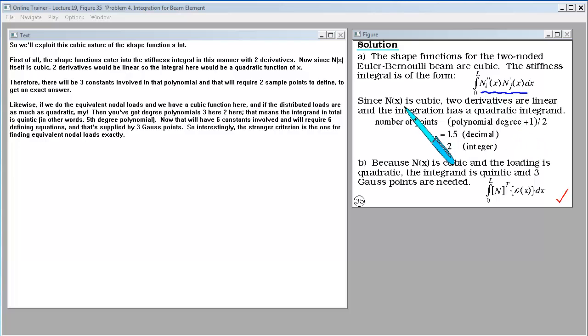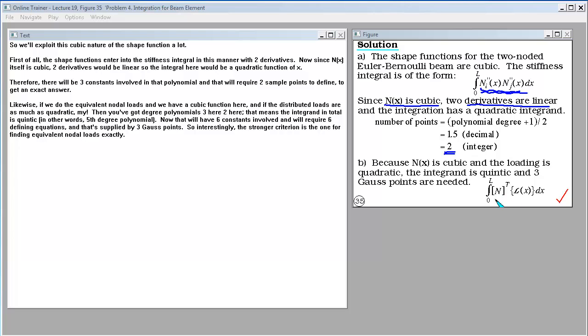Now, since Nx itself is cubic, 2 derivatives would be linear, so the integrand here would be a quadratic function of x. Therefore, there will be 3 constants involved in that polynomial, and that will require 2 sample points to define to get an exact answer.